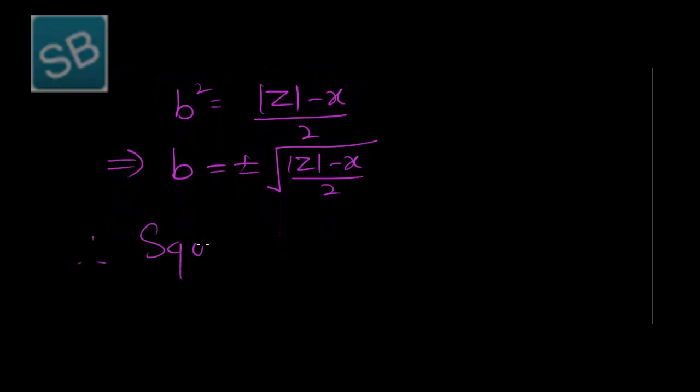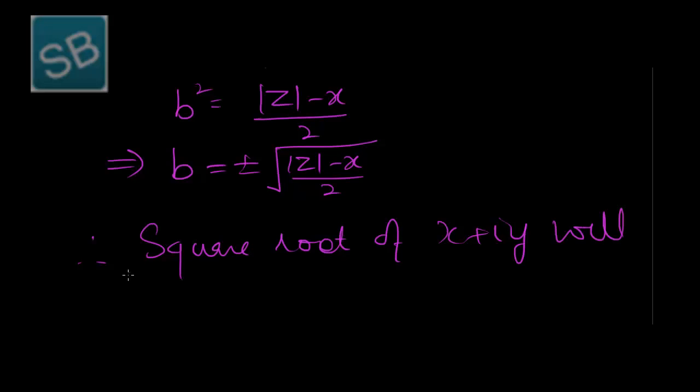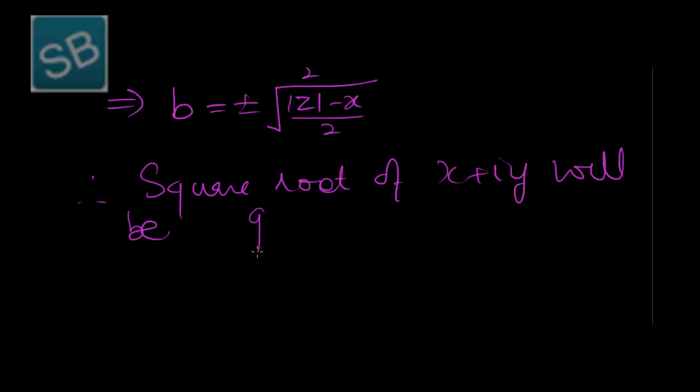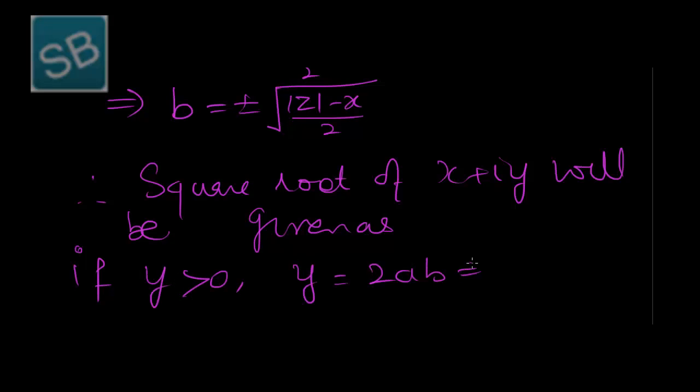Therefore, the square root of x plus iota y will be given as follows. If y is greater than 0 and y is equal to 2ab, that implies a and b both are positive or a and b both are negative.